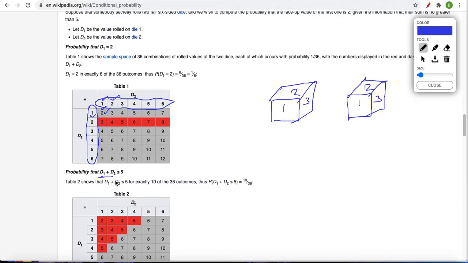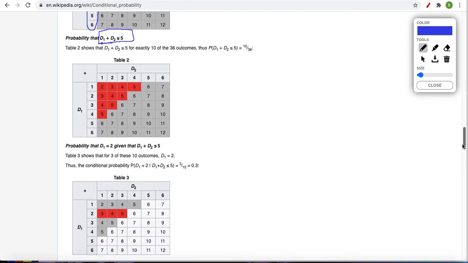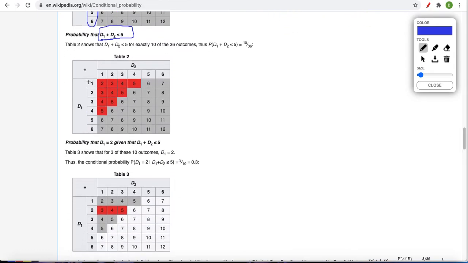Now let us say we want to find the probability that d1 plus d2 is less than 5. So these are the possible cases in which d1 plus d2 is less than or equal to 5. When d1 shows 1 and d2 shows 1, the condition is satisfied.